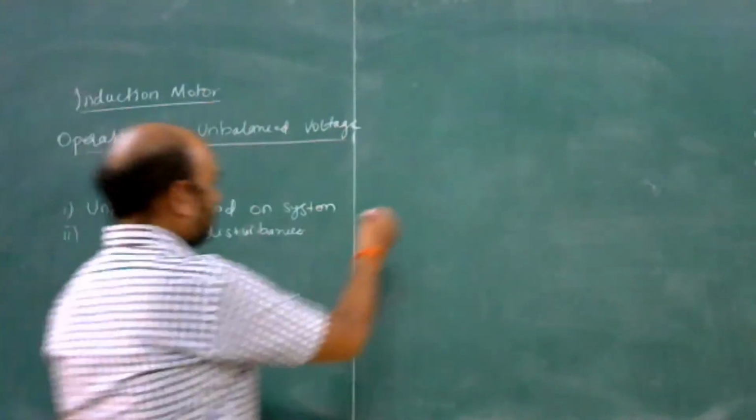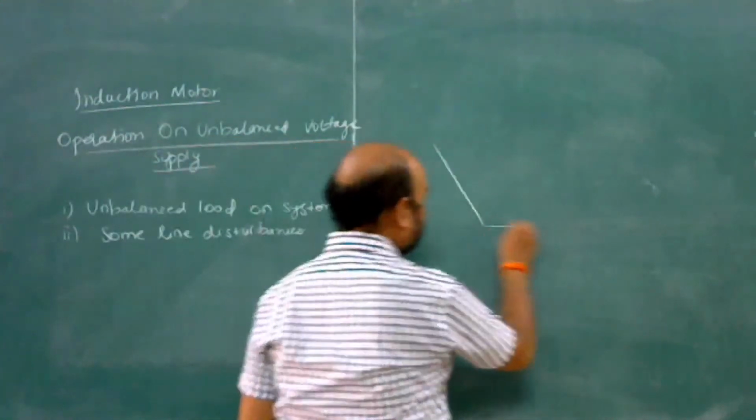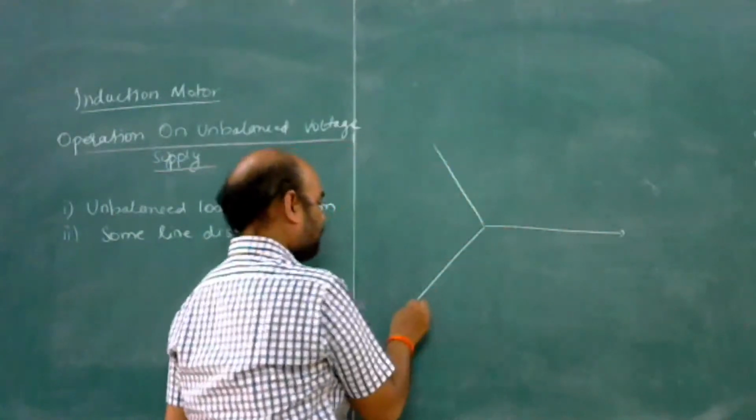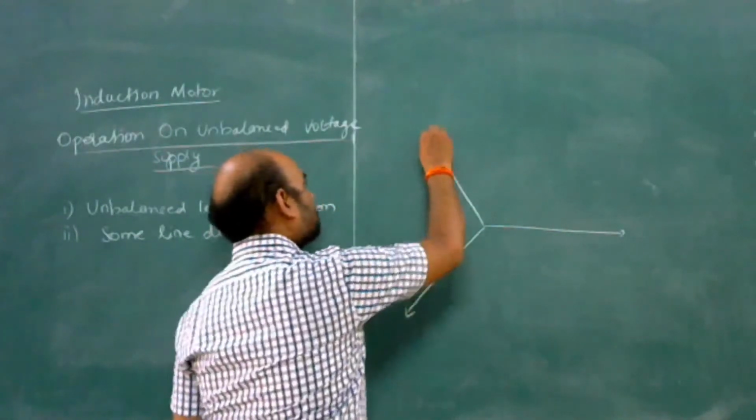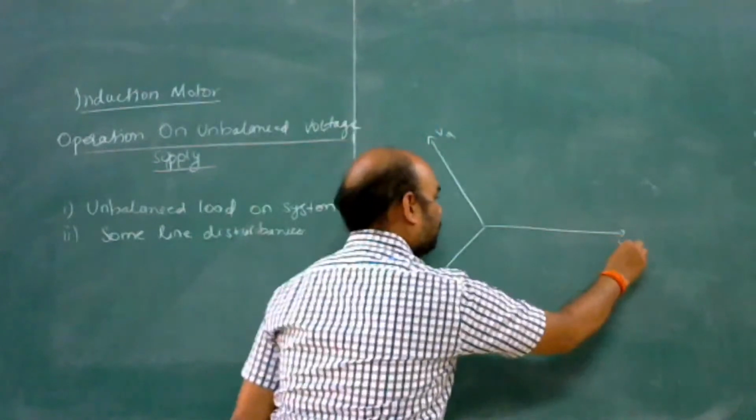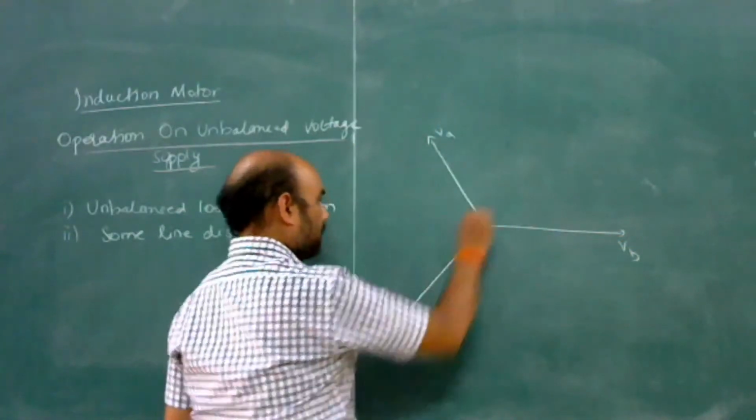So what is a balanced voltage? Let's suppose these are VA, VB, and VC.